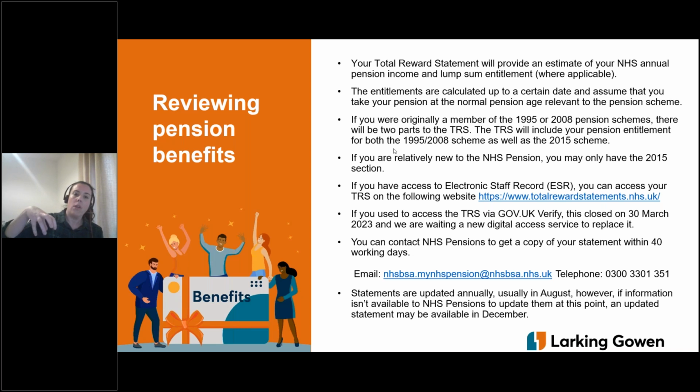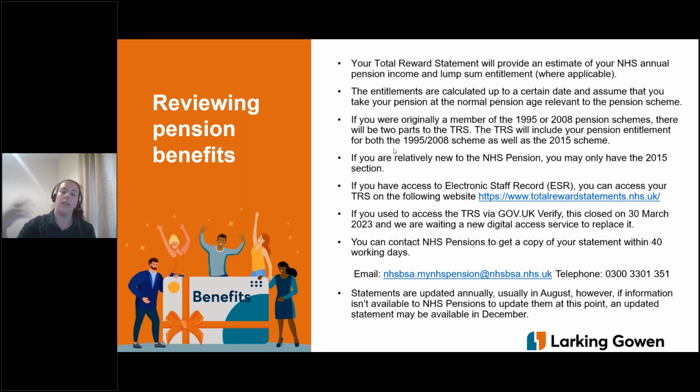So to be able to review your pension benefits, you will need what we call a total reward statement or an estimate of your pension benefits. Now, this was all digitalized several years ago. Unfortunately for GP partners, the way to access it via the gov.uk verify system actually closed earlier this year.